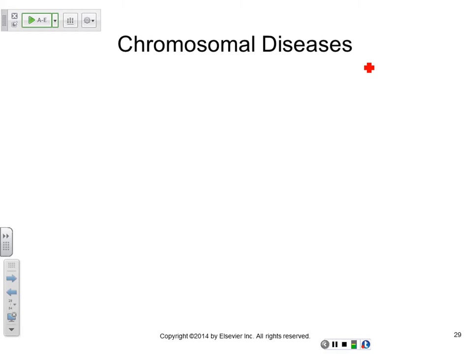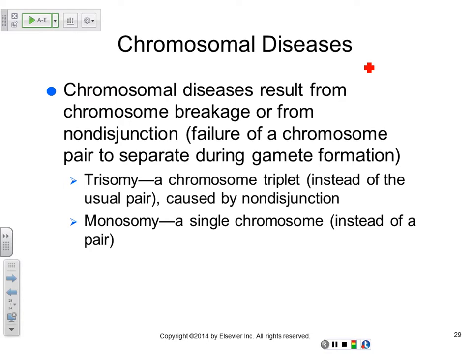These are the chromosomal diseases we're going to talk about. They result when either the chromosome literally breaks, so that you don't have all of the chromosome there, or the chromosomes fail to separate. So you have trisomy, like that one. That failure to separate during meiosis is called non-disjunction.